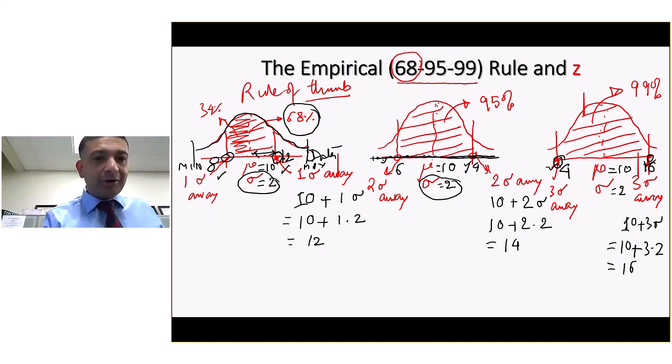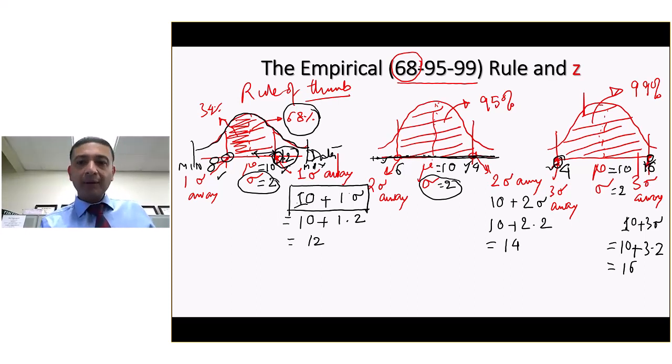You see this point 12? Recall how we got that point. It's 1 sigma away from the mean, right? And so to be able to capture that point, we were able to take the mean and add 1 sigma to it. It's 10 plus 1 sigma. Now let's look at this point 14. How did we capture that? It's 2 sigma away from the mean.